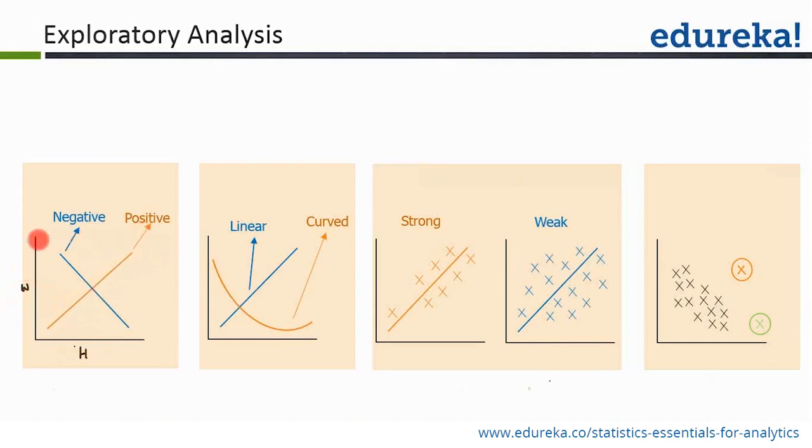There will be some examples of negative relation. Let's assume on this axis we talk about the number of people in a company, and on the other the visibility or the interaction freedom that the employees have.